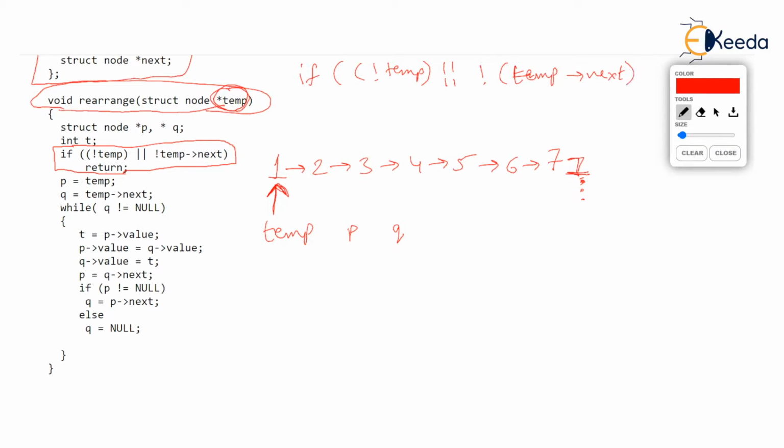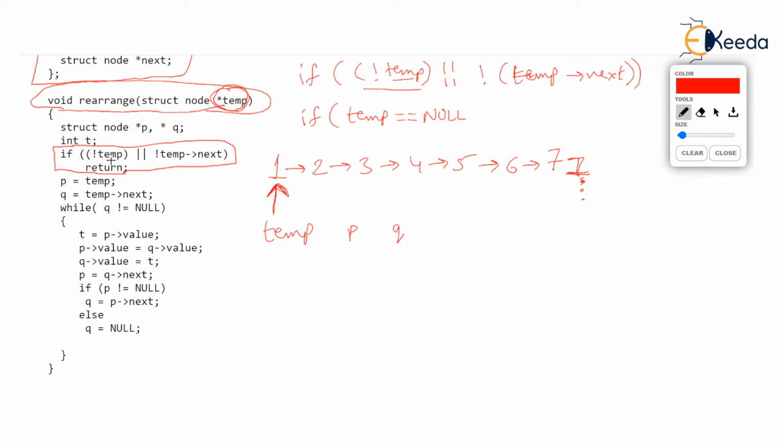Yes, this is the condition given, isn't it? Now what do you mean by if not temp? This is same as writing if temp is null. You can read this as if temp is not valid. Not temp means if temp is not valid. Not valid means if temp is null.